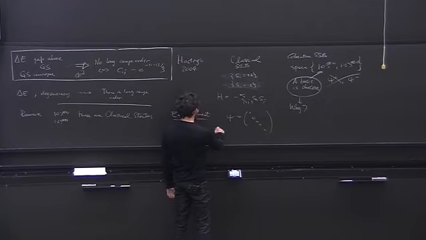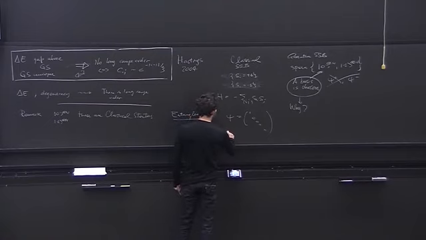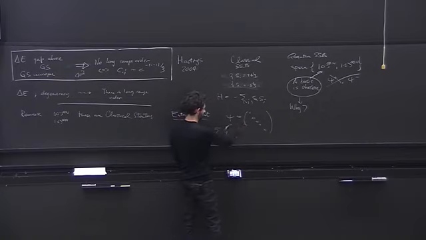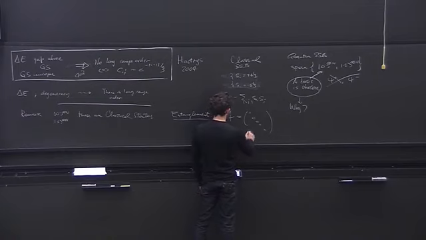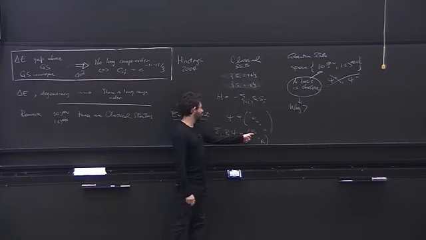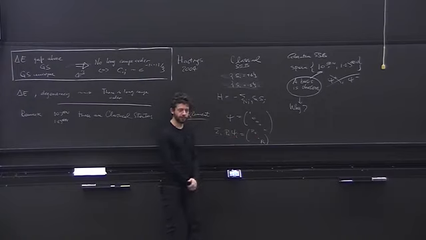But in general, you could write a state like a probability distribution over states like this. So this means I have probability P1 of being in the state psi1, probability P2 of being in the state psi2, and so on and so forth.